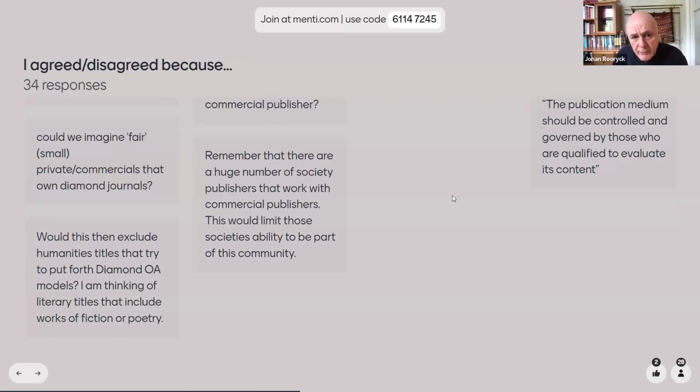The problem really arises, and who owns the title can be a scholarly society or any type of organization, but the problem really is when the title is with the commercial publisher, because that creates, in my opinion, a power differential that we may or may not want to compromise with, and I think this is still something.